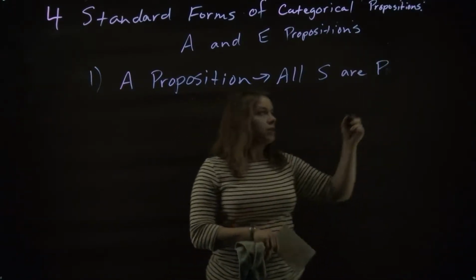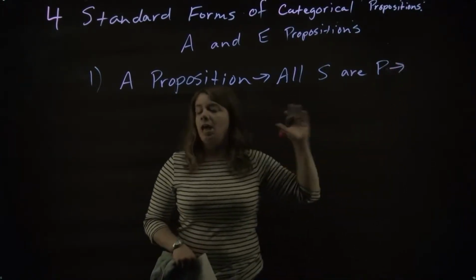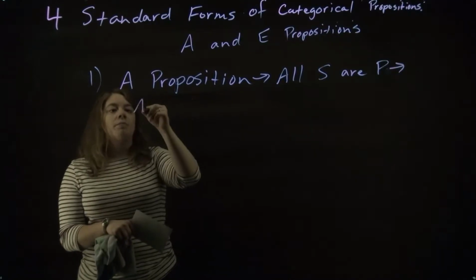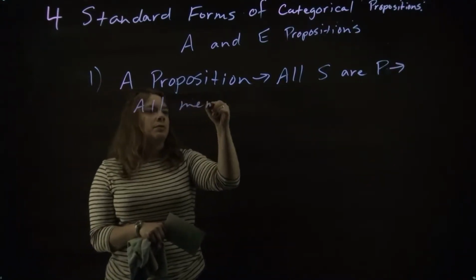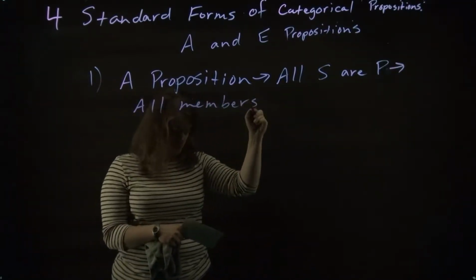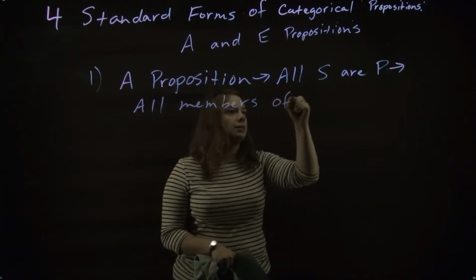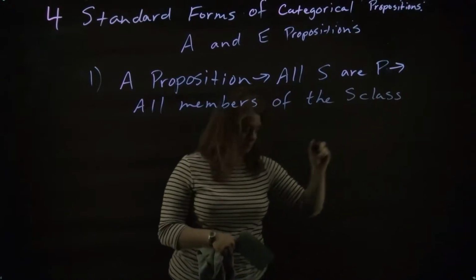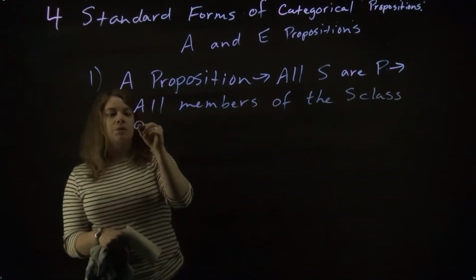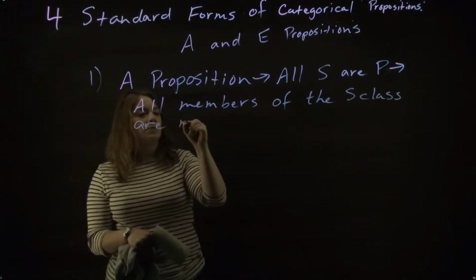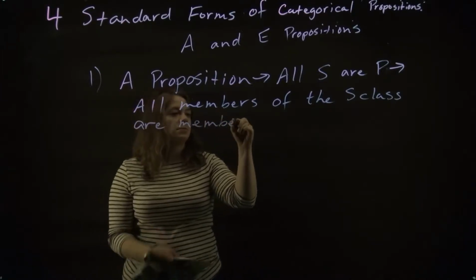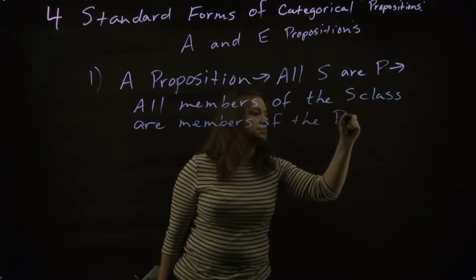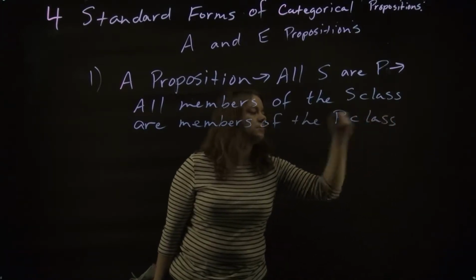The actual definition of an A proposition, what an A proposition is saying, is the following. It's saying that all members of the S class are members of the P class.